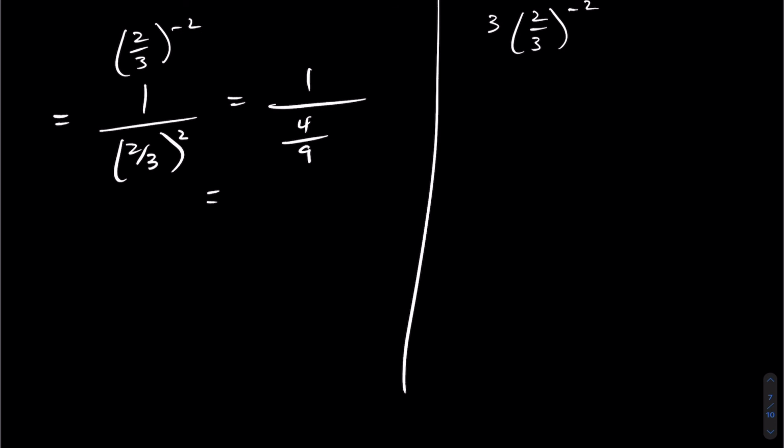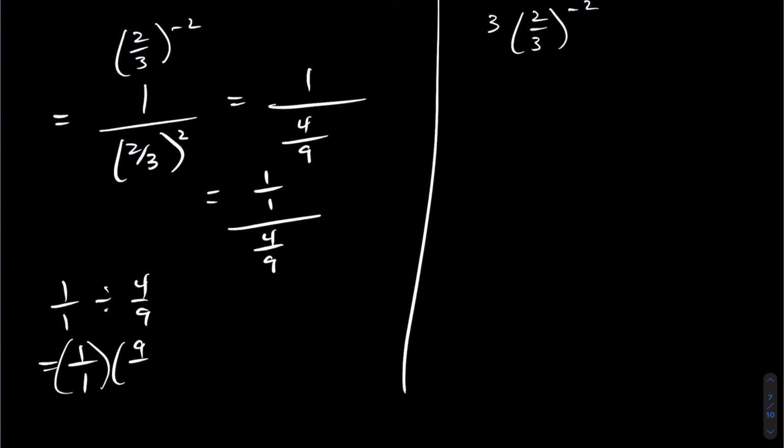Whenever you do this, you rewrite the 1 as a fraction. Now what I have here is 1 over 1 divided by 4 over 9. And whenever you divide fractions, you change it to multiplication and flip, in which case this is 9 over 4.